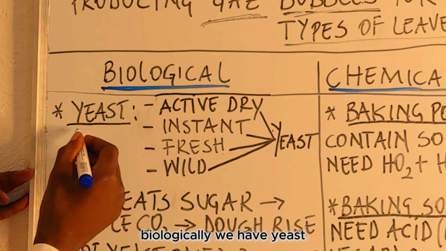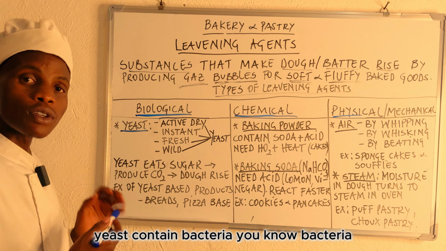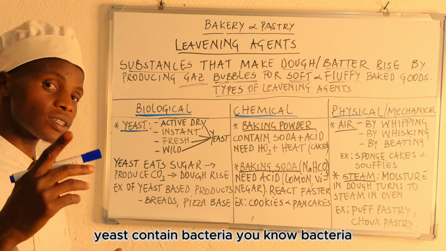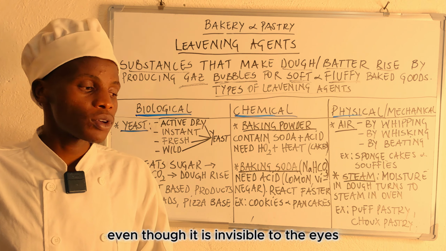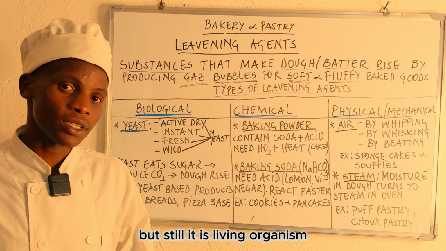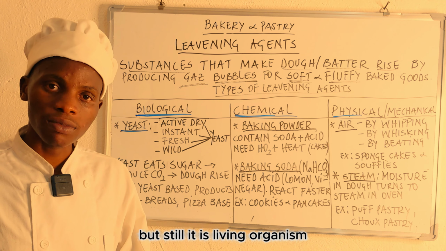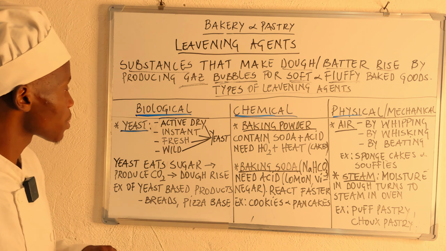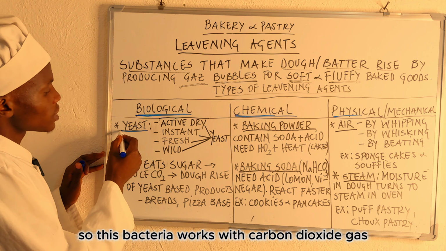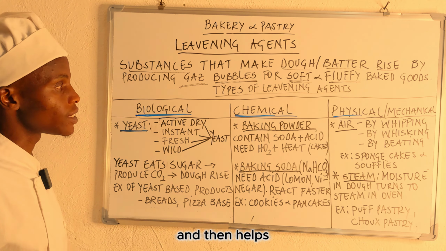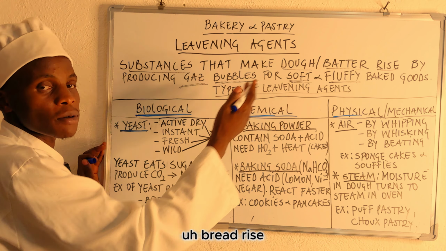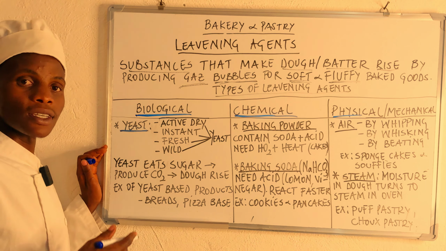Biologically, you have yeast. Yeast contains bacteria. You know bacteria is a living organism. Even though it is invisible to the eyes, it is still a living organism. So this bacteria works with carbon dioxide gas and helps bread rise.